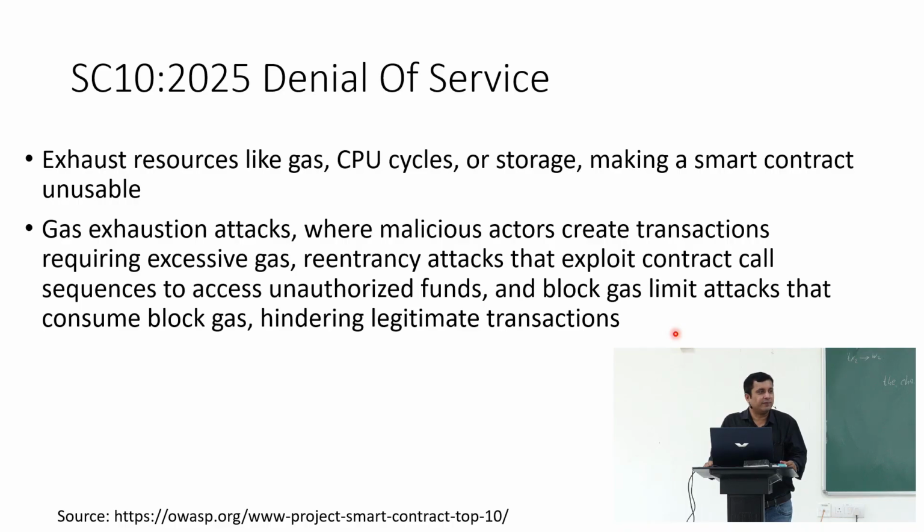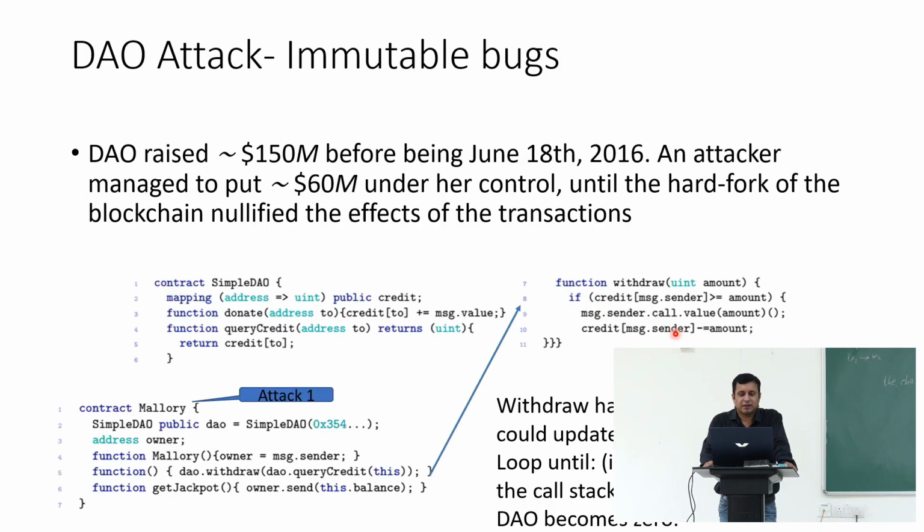Similarly in a lending pool, I can make the lending pool 0. Getting it? So ultimately the goal of an adversary here is to exhaust the resources, so that genuine users will not be able to get the functionality of the blockchain. These are certain attacks.